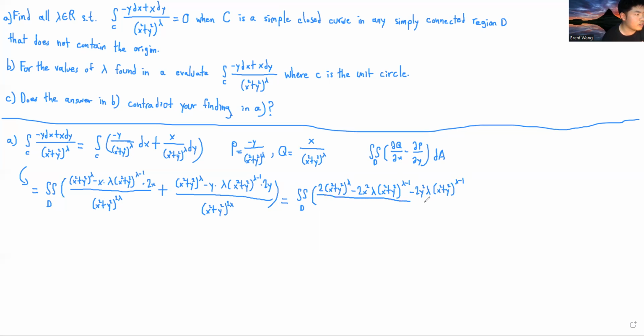Don't forget the denominator. All of this divided by x squared plus y squared to the power of 2 lambda.